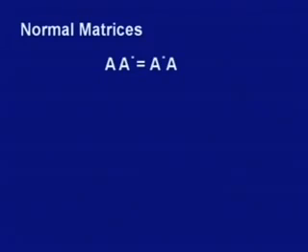Now if A star becomes the identity, it becomes a unitary matrix. If A becomes real, then it becomes an orthogonal matrix. So basically normal matrices are a generalization of orthogonal matrices and unitary matrices.